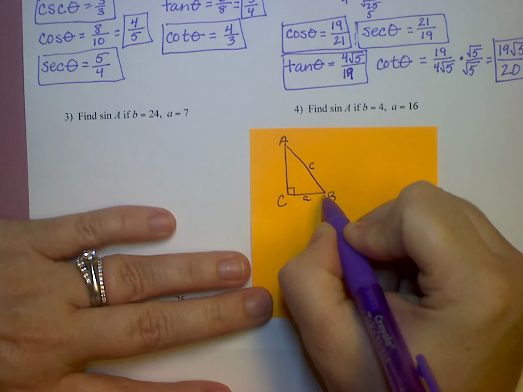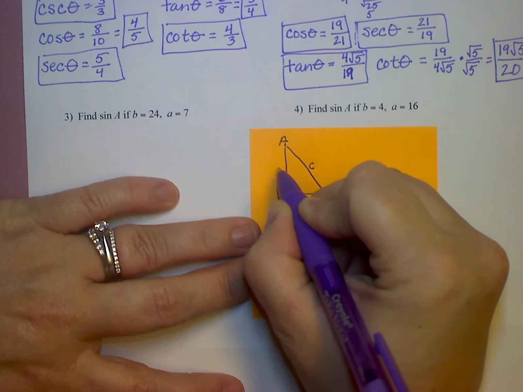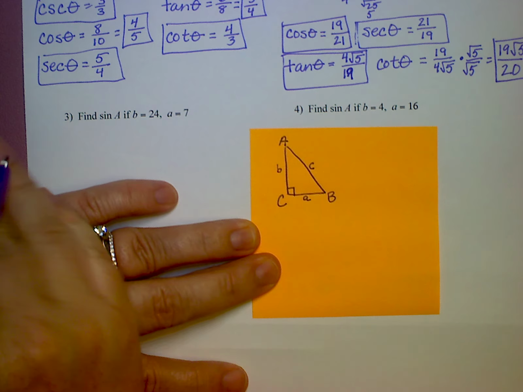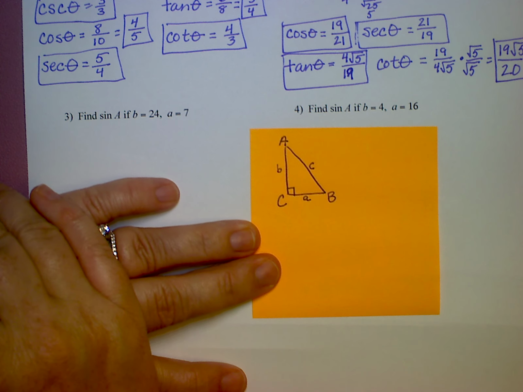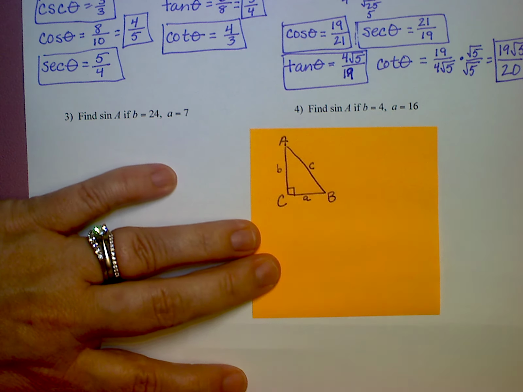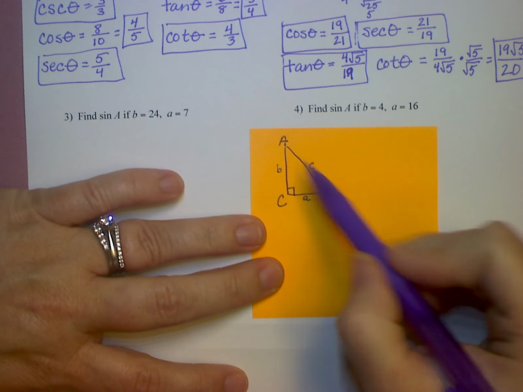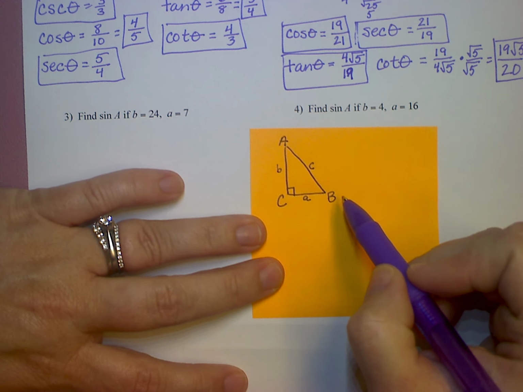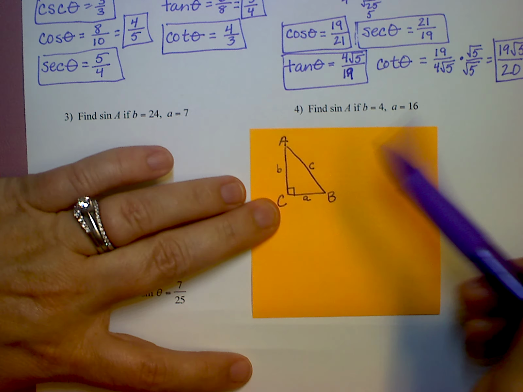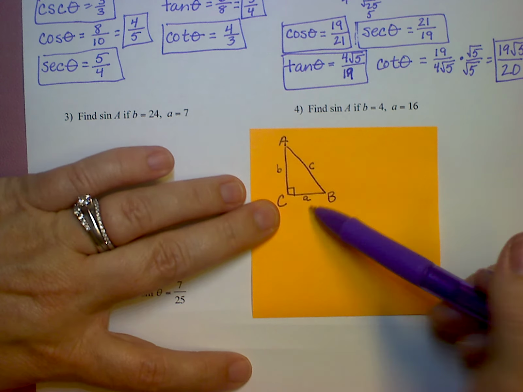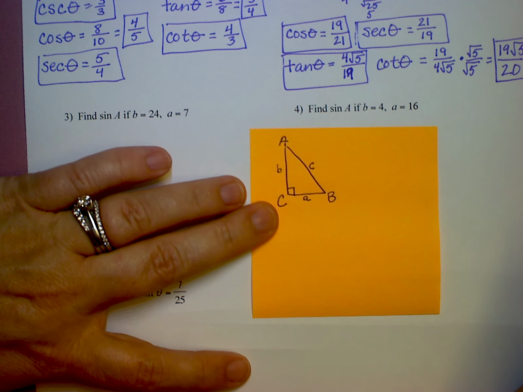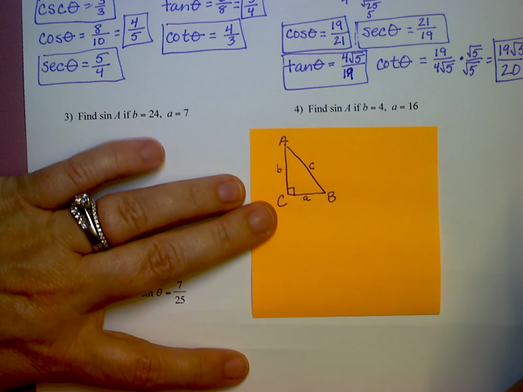And capital B, the side opposite there is going to be lowercase b. Does that make sense? That's always the way you set it up. C has to be the right angle. A and B, it doesn't matter, but once you set A and B, then the lowercase sides are the sides opposite the angle. Does that make sense? That's going to be really important when we get into the law of sines and the law of cosines.